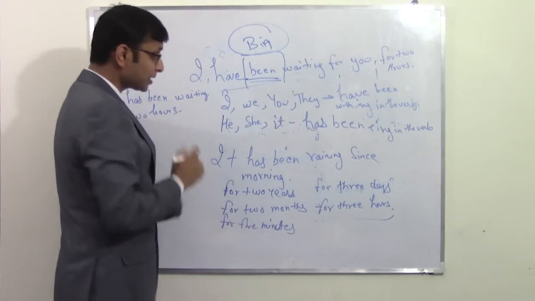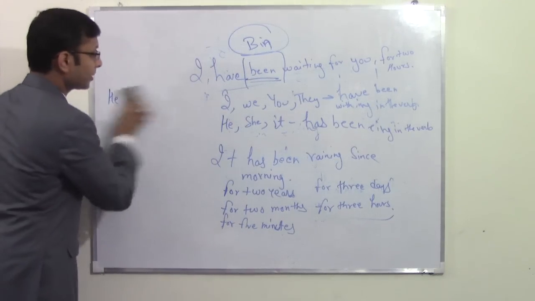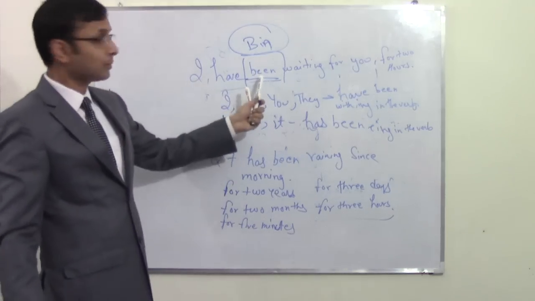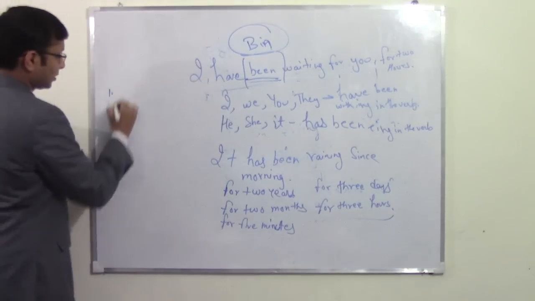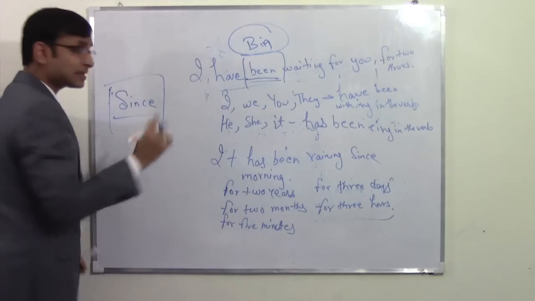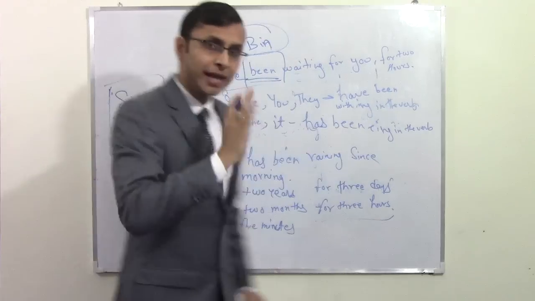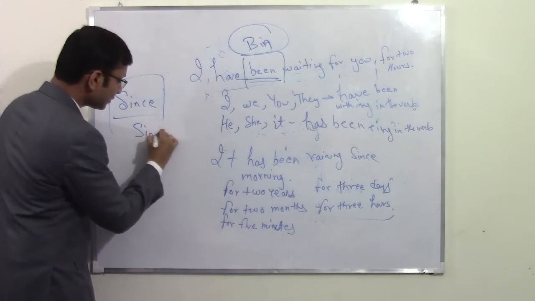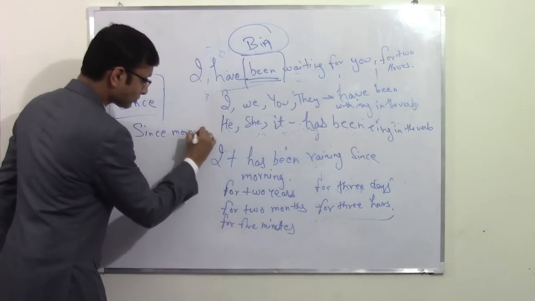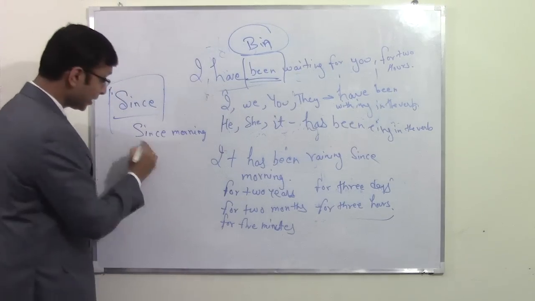So now, let me tell you, how do we use since? Okay? And in the meantime, you can write down this been. So, we use since when there is a starting of the time or there is a fixed time, fixed situation, like since morning is fixed, you have been doing it since morning.